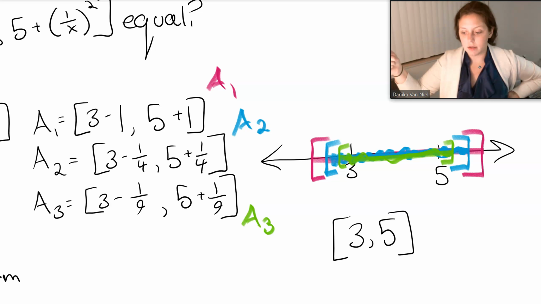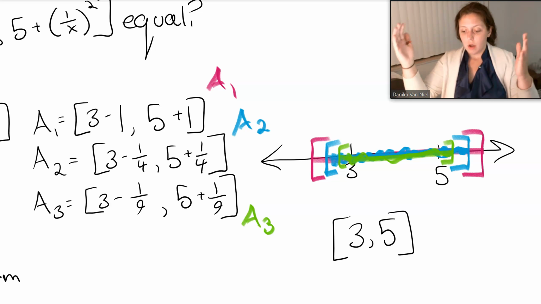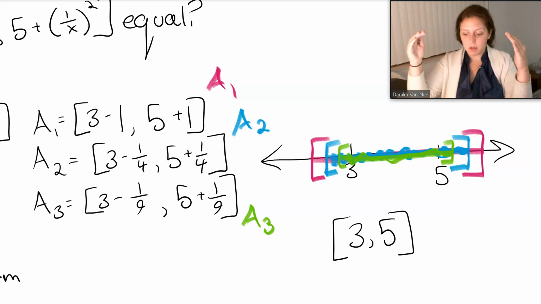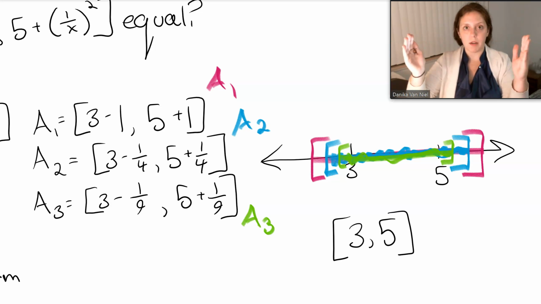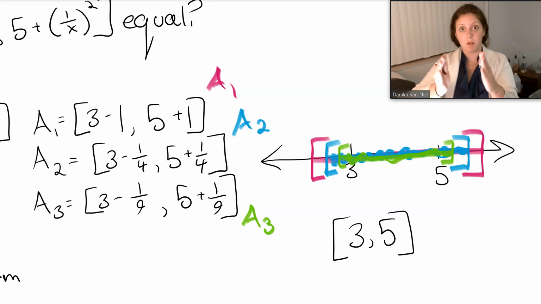And the answer is yes in both cases. So we're shrinking in, because now we don't really care about A1 anymore, because A2 is included in A1. And we're taking the intersection, so we only care about the smallest one forever and ever.